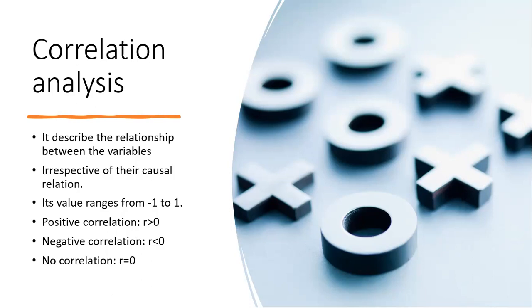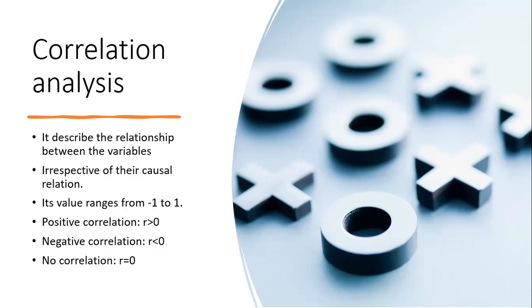So the correlation coefficient will have a value ranging from -1 to 1. It can't go beyond these values. If the value of the correlation coefficient is greater than 0, that means that pair of variables has positive relationship.